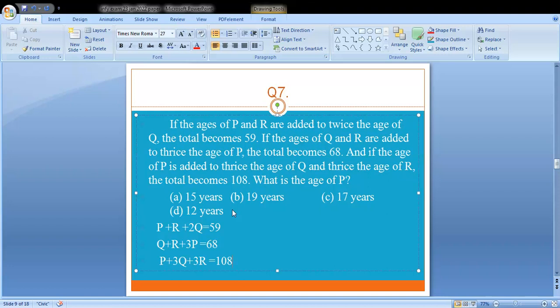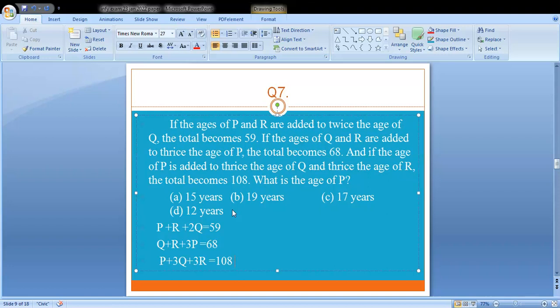First, take the second equation and multiply the second equation by 3. The second equation is Q plus R plus 3P equal to 68.